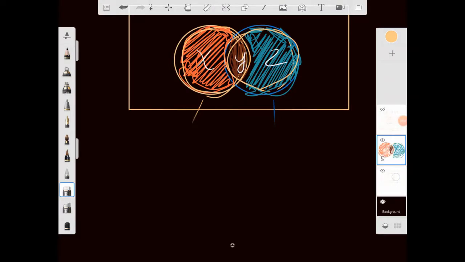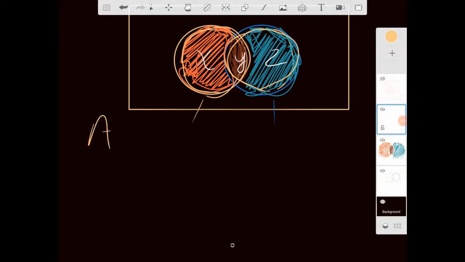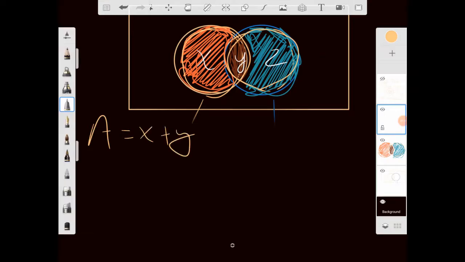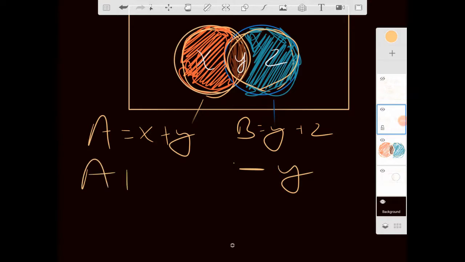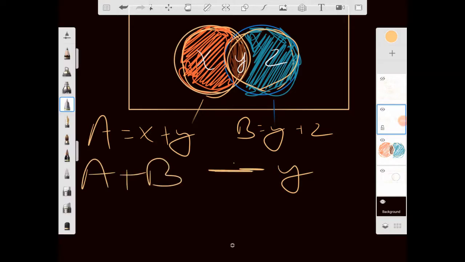Now A is X plus Y, B is Y plus Z. So I should take the Y only once, because the Y is coming in both. So I will cancel out the Y here. What should I do to cancel out the Y? I should do a subtraction. That means it should be A plus B minus Y. That is what I should do, and that is what I will be doing.